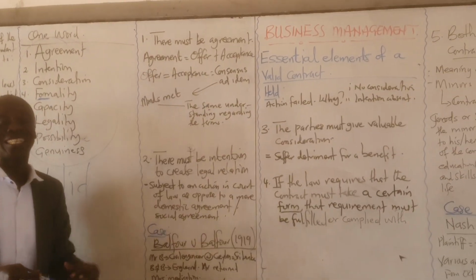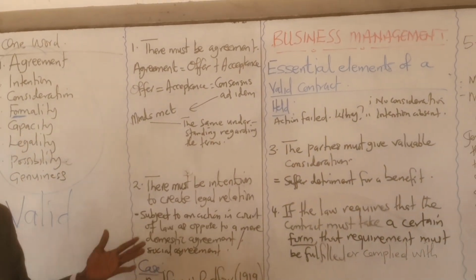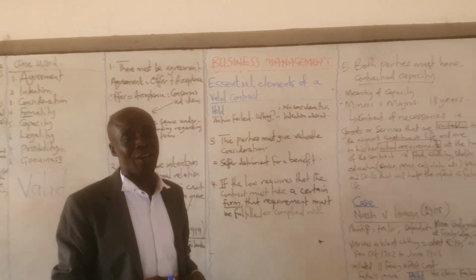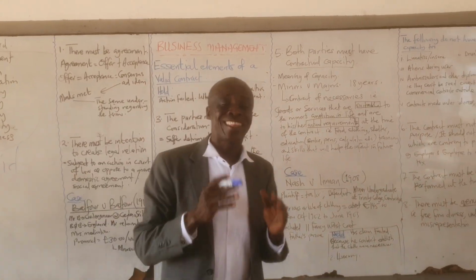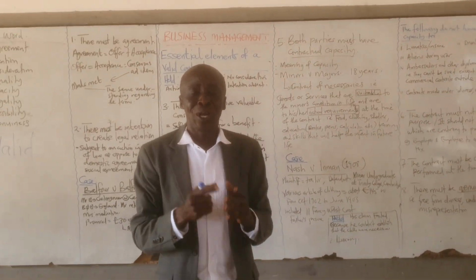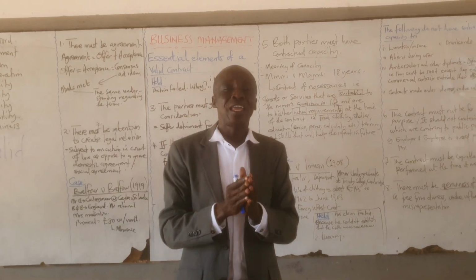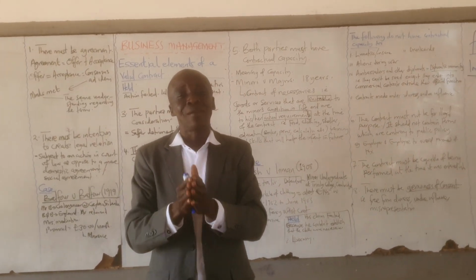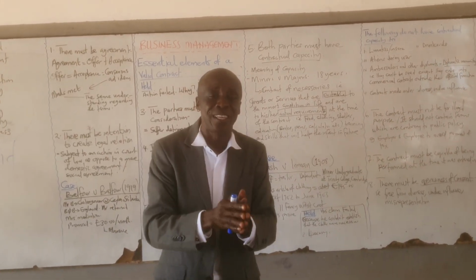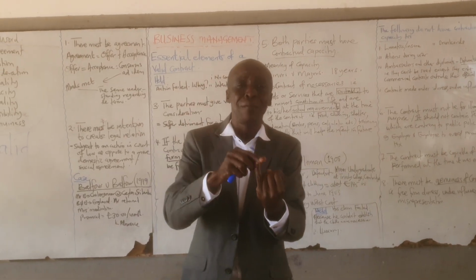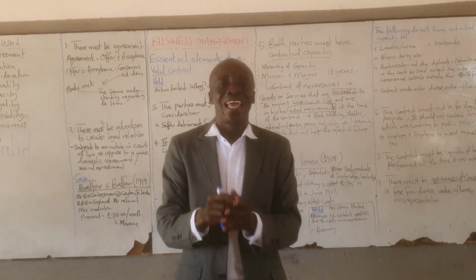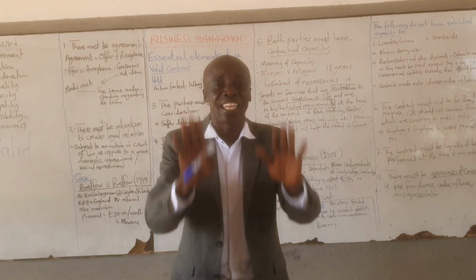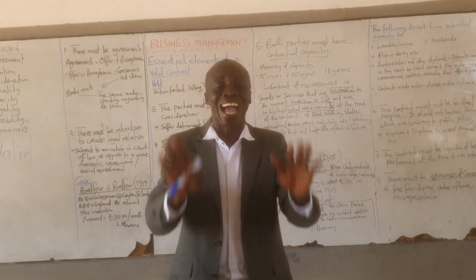The first one, I said there must be agreement. In law, when you say there must be agreement, what does that mean? What is agreement? In law of contract, agreement is said to have taken place when one party makes an offer and the other party accepts the offer, then it means there is agreement.